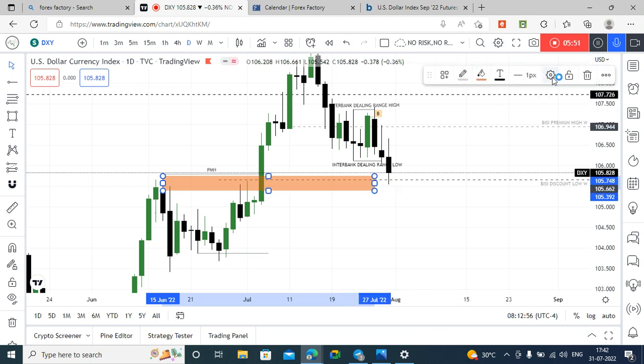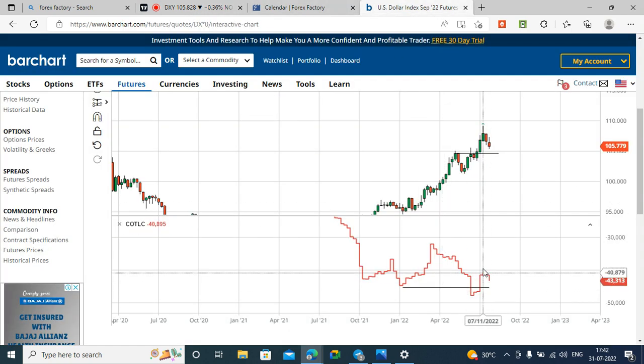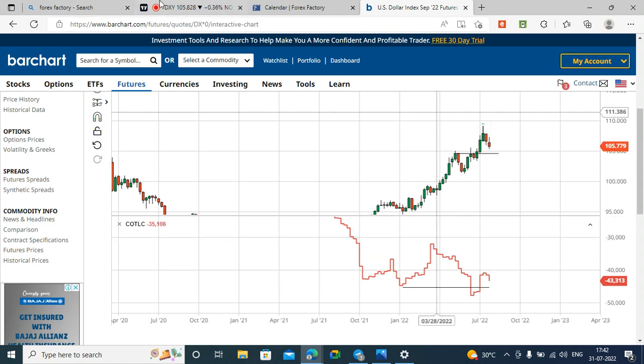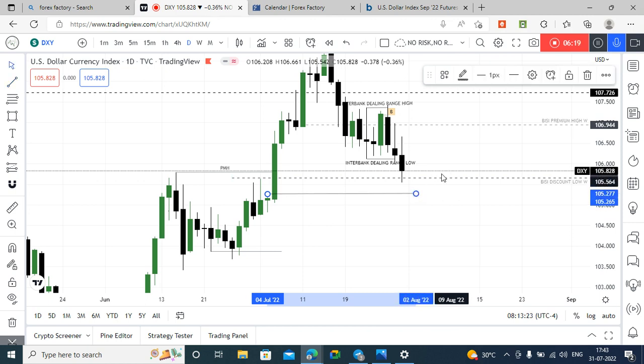This may be a support, but because our COT suggests short term bearish on the dollar index, I expect price may come to this low. This is my first objective level, this low, which is the daily buy side imbalance, sell side inefficiency, discount low.